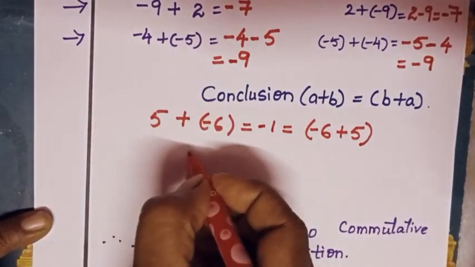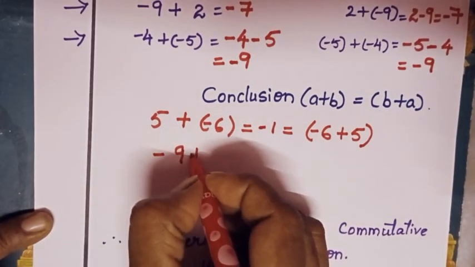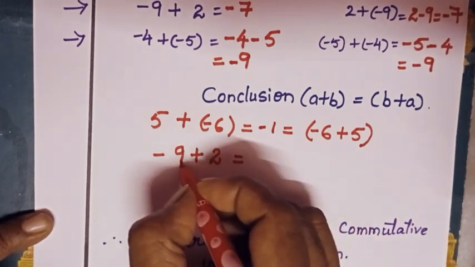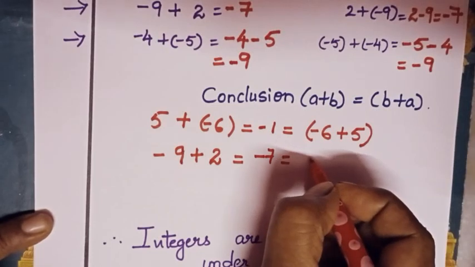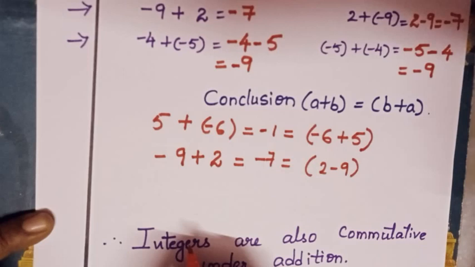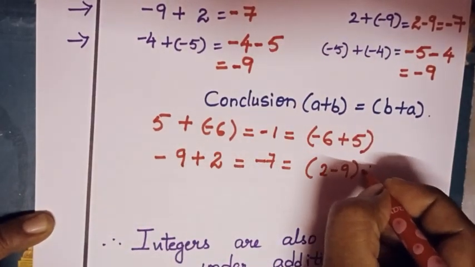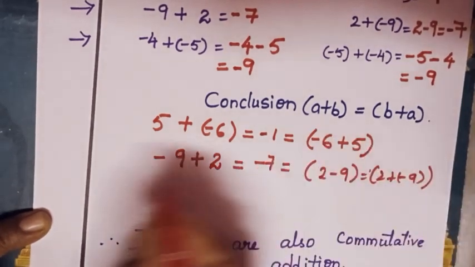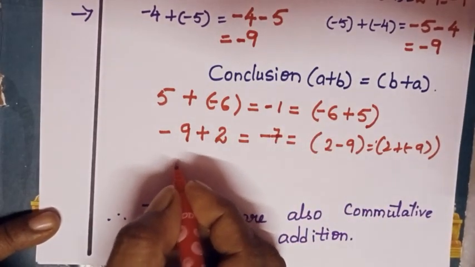Let us take the second example, minus 9 plus 2, which gives minus 7. That is B plus A, 2 plus minus 9, which has given the result as minus 7, children.